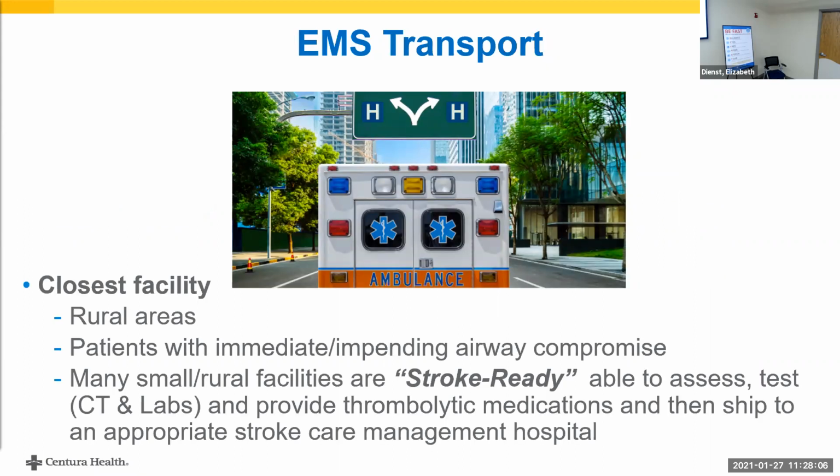So EMS transport. Most of you from Plains to Peaks area, you're in a rural community. And so in the cities, we have different levels of stroke centers at times. And depending upon their presentation may depend upon where they go. For our rural EMS providers, where you're going to go is to your access hospitals. You're always going to follow your EMS protocol, and you're going to go to your stroke ready center, which means that they'll be able to give thrombolytic treatment, which will either be TPA or tenecteplase.